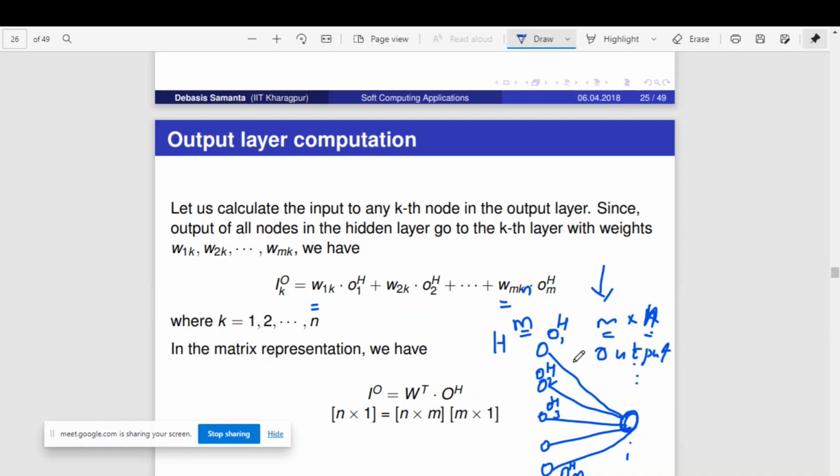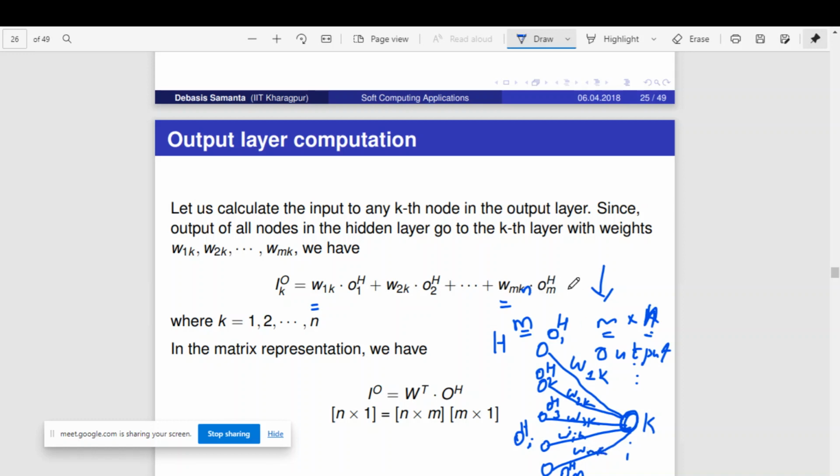And what is this weight? Let us consider this as the kth neuron of the output layer. So it is W1K, this is W2K, this is W3K, and so on. For the ith output of the hidden layer it is WiK, and the last one will be WMK.